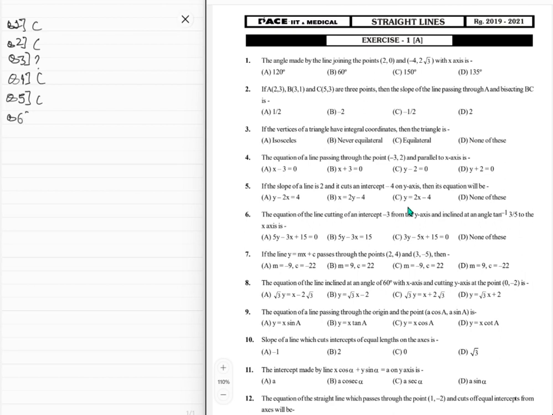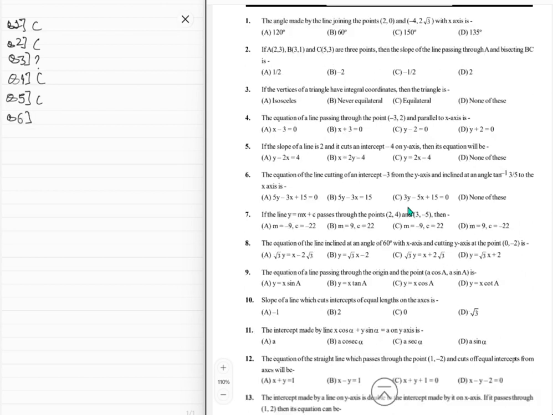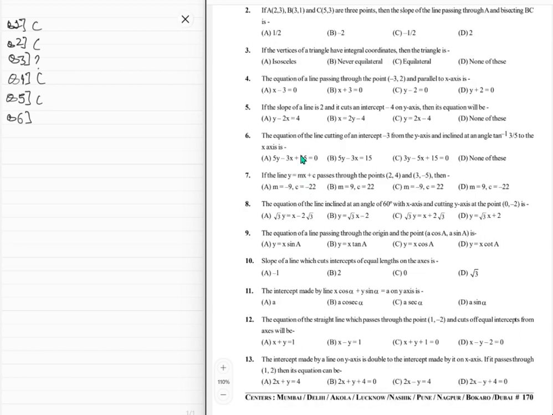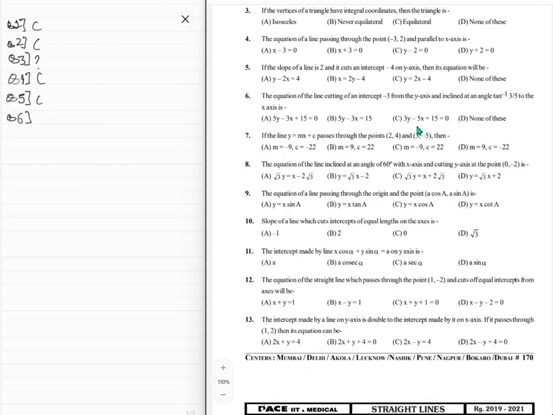Question number 6. The equation of the line cutting an intercept -3 from the y-axis and inclined at an angle. So this intercept is a signed quantity, by the way. Intercepts are always signed; they are not unsigned, unlike most lengths.